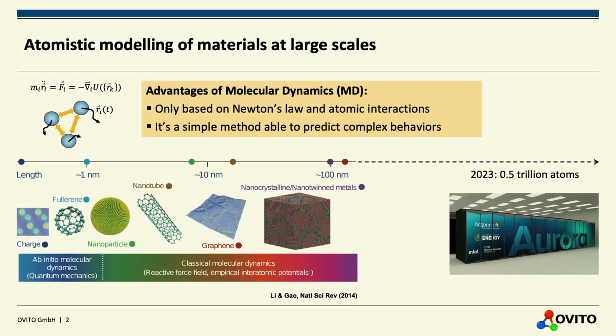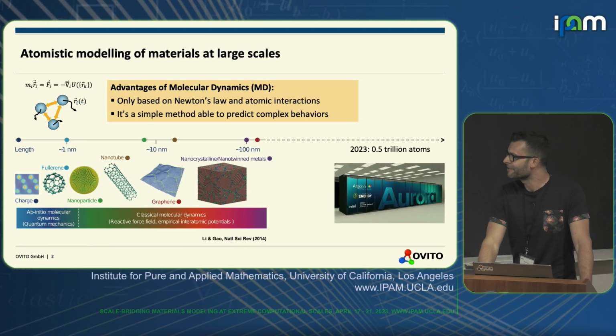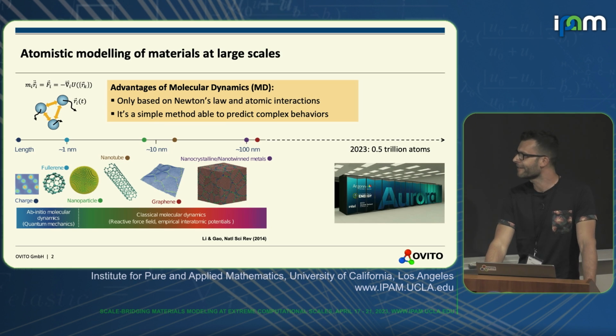So we come from the atomistic modeling direction. Here, molecular dynamics is a very popular method, as we've seen this week, because it provides all the degrees of freedom that are necessary to predict complex behavior. On the other hand, it's conceptually and technically a very simple approach, right? You only need some notion of how atoms interact.